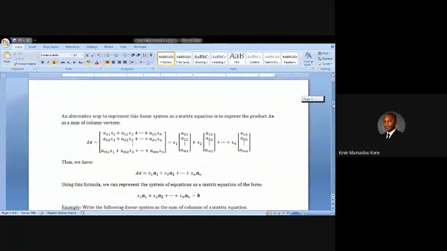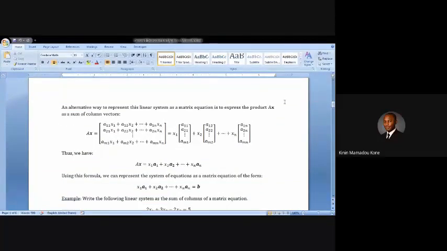Now, an alternative way to represent this linear system as a matrix equation is to express the product Ax as a sum of column vectors. So here's our matrix equation, and we turn it into a sum of column vectors.